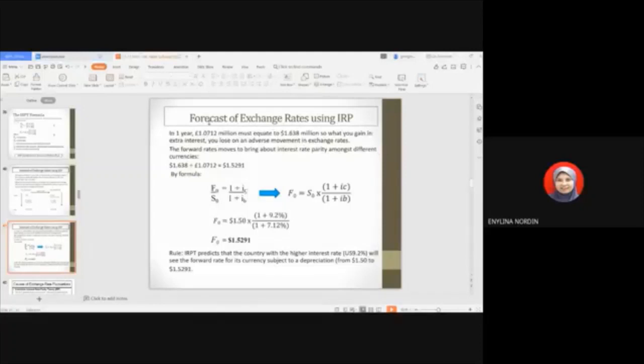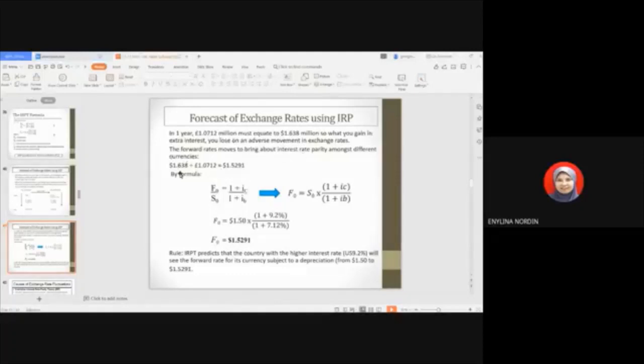So by using this information, after taking into consideration the interest rate that affects the investment value, you can predict the exchange rate, which is dollar to pound.